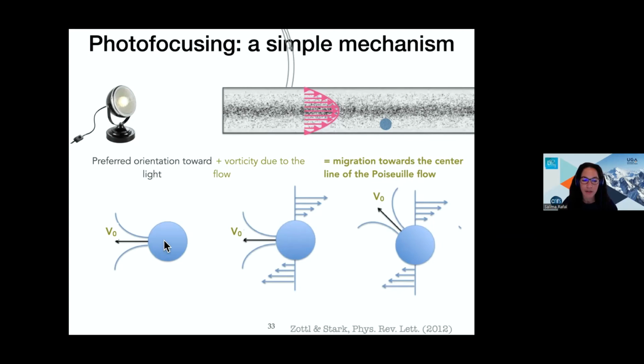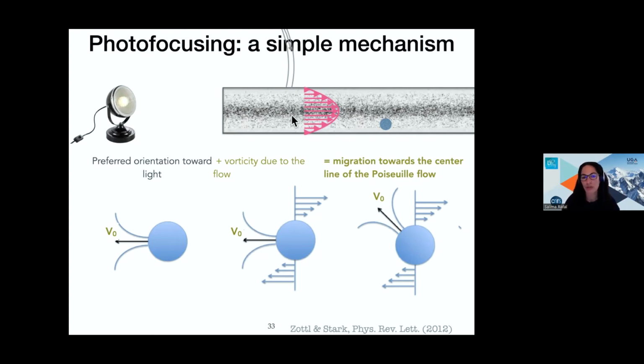Meanwhile, it's subjected to the vorticity of the flow because there's a local shear around the particle because of the Poiseuille flow. So you have a higher velocity on top and a lower one. So the particle is subjected to vorticity. And those two ingredients together lead to a net velocity across the flow, because of the swimming velocity of the particle.